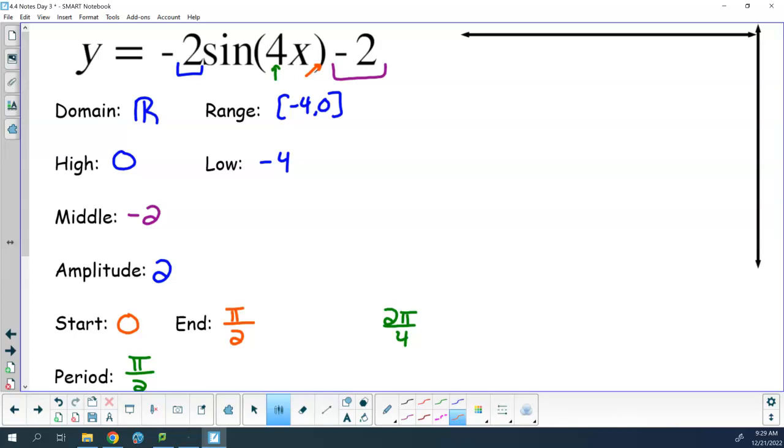Okay? This symbol right there tells me that this sine curve starts in the middle and then goes down, middle, up, middle.